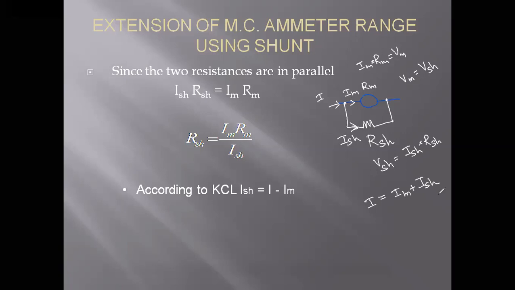It means sum of currents entering is equals to sum of currents leaving. Currents leaving this junction are IM and ISH, and there is only one current entering the junction, which is I. Hence, I is equals to IM plus ISH. From this, we can write ISH is equals to I minus IM.